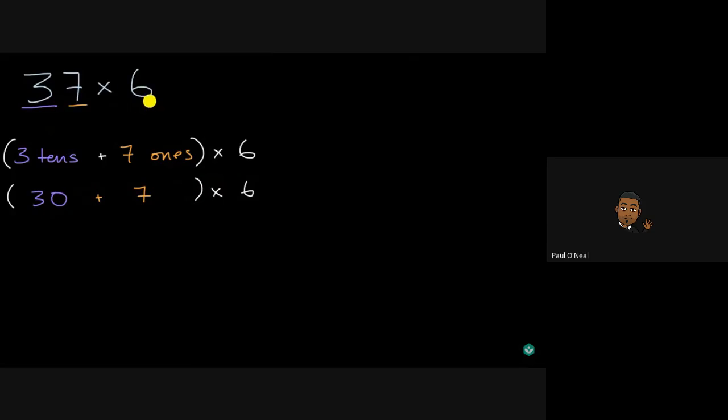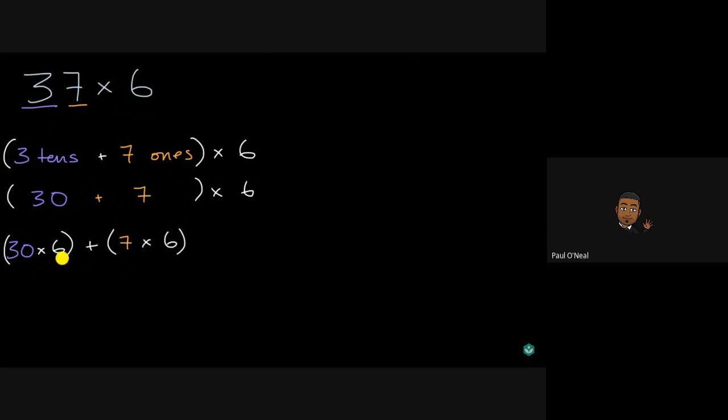If I have 37 sixes, that's the same thing as 30 sixes plus 7 sixes. I'll put the parentheses there just so we can keep track. Once again, 37 of something is equal to 30 of that something plus 7 of that something. 37 times 6 is 30 times 6 plus 7 times 6. And then we can figure these out.